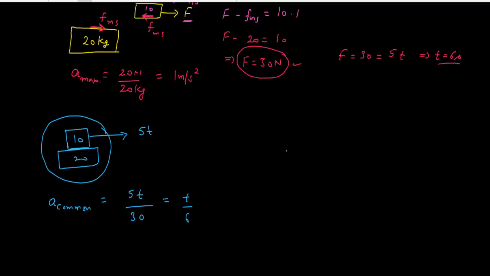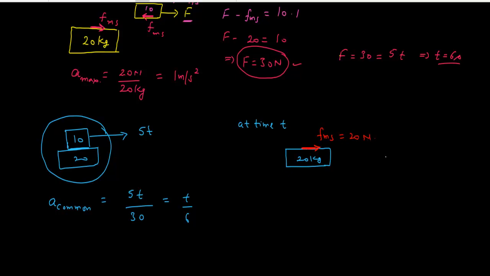Clear? Now just consider the lower block, that of 20 kilogram, and assume that at time say t, the force of maximum static friction comes into play. At time t, we don't know what that time is, but the force of maximum static friction, that is 20 Newton, has reached.